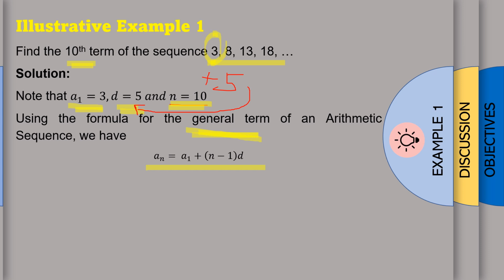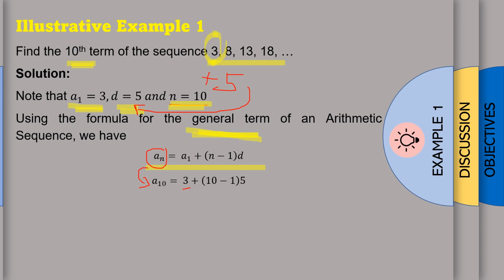Okay? Now, na-identify na natin yung mga variables dito, yung parts ng formula na to. May mga value na siya. So, ang gagawin na lang natin is just to substitute. So, you have a sub 10. Yung a sub n mo ay naging a sub 10, it is because your n is 10. So, papalitan mo lang yung n mo ng 10. And then, your first term is 3.